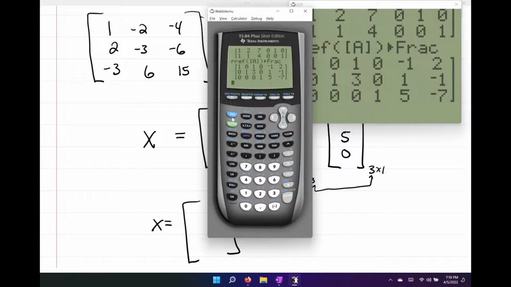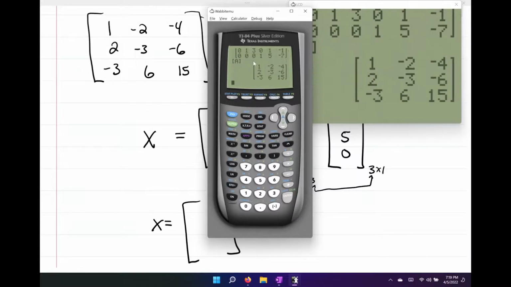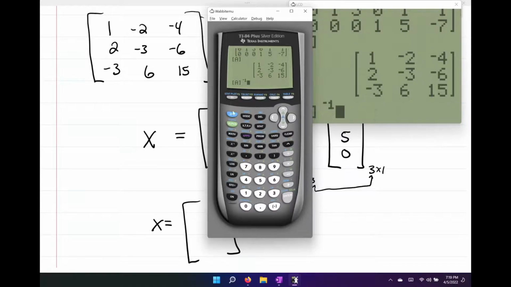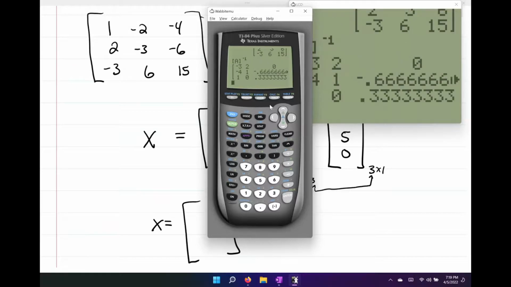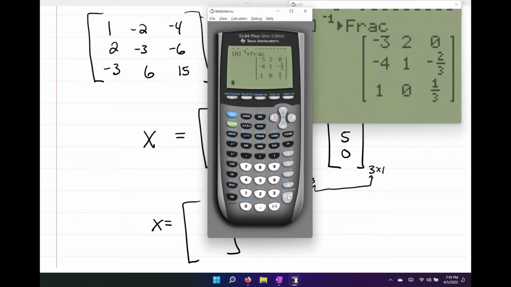Here's matrix A: 1, -2, -4, 2, -3, -6, -3, 6, and 15. If I just take that and hit the inverse button, ooh, that's pretty nasty looking. So let's do this again, except this time, let's get our answers as fractions. So here's our inverse right here.